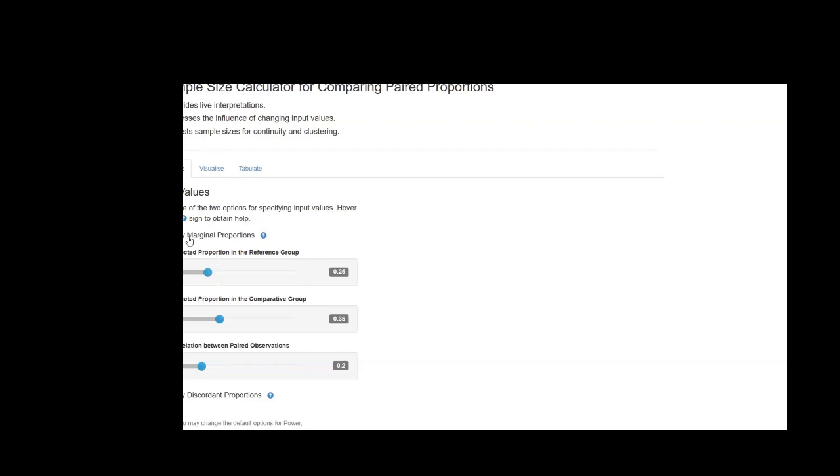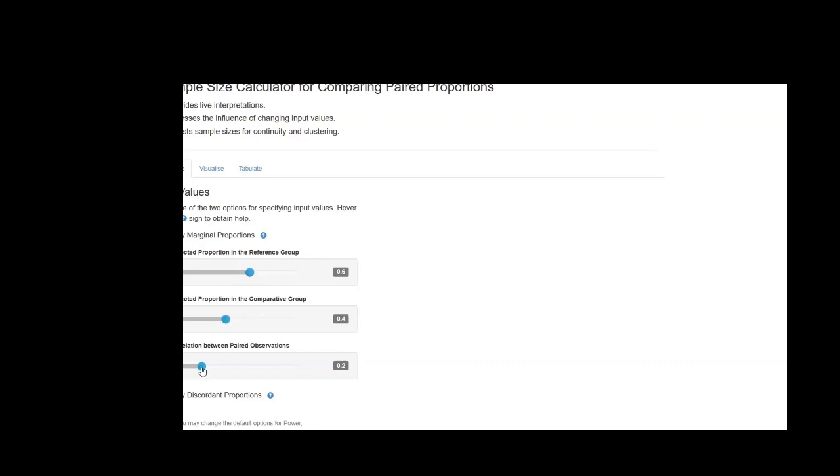Visible. So this is based on the marginal proportion. In marginal proportion, you can put the marginal proportion, whatever, I am randomly taking as 0.4. And this value I am taking 0.6. One is 0.6, that is 60%. So I am taking 60%, and I am taking here 40% for this one.